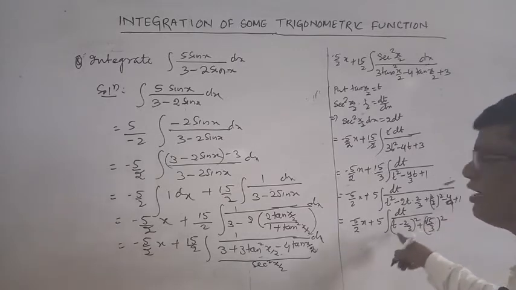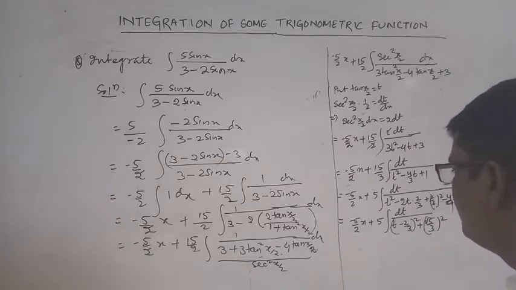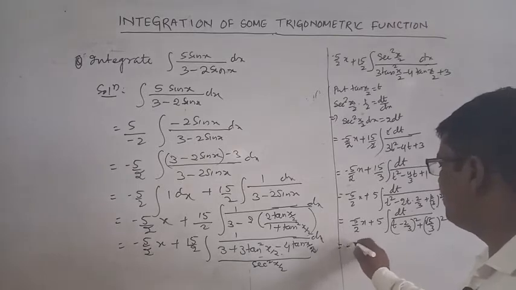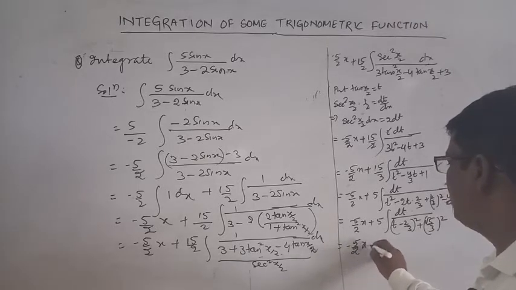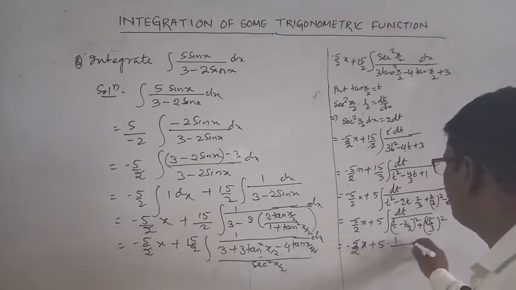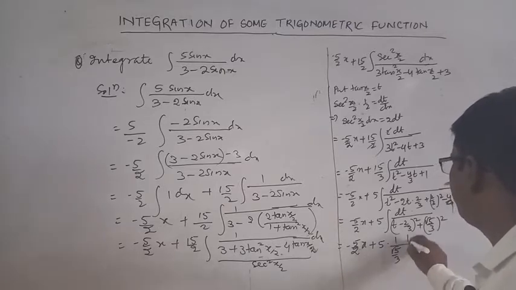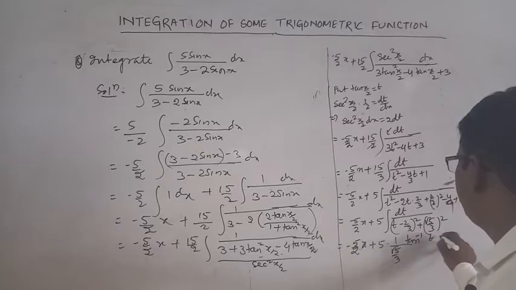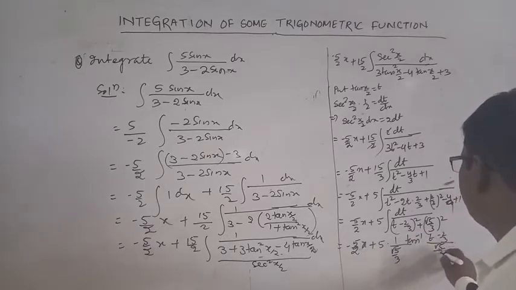This is standard form of x square plus y square. So that is minus 5 by 2 x plus 5 into 1 by a, root 5 by 3, into tan inverse t minus 2 by 3 by root 5 by 3 plus c.